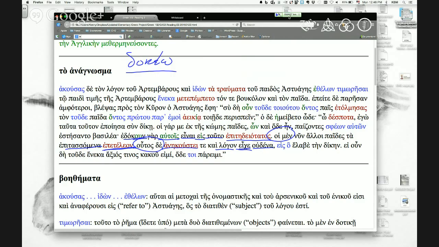No logos, no speech. So what does that mean? He has no excuse, okay? Here we see logos as reason. He had no reason. He had no excuse, okay?